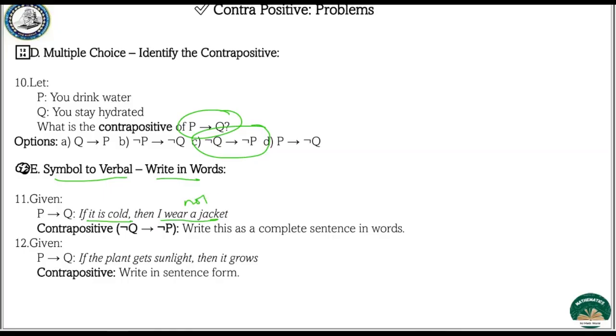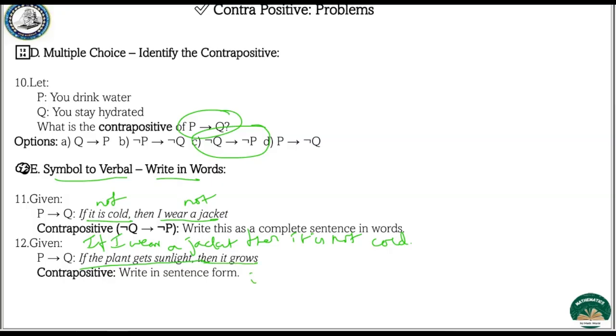You should use not for both. So if I do not wear a jacket, then it is not cold. Then P implies Q: if the plant gets sunlight, then it grows.